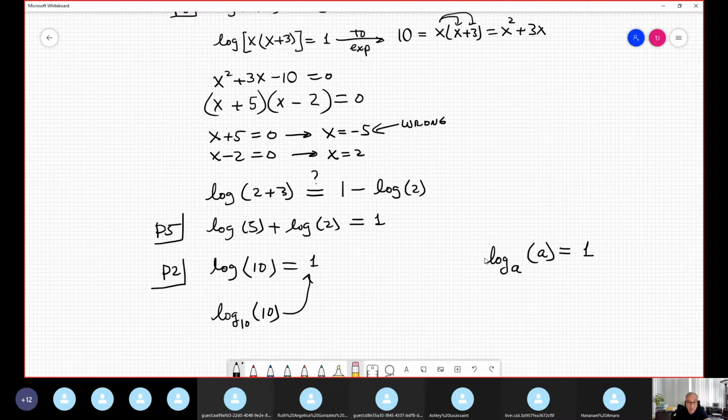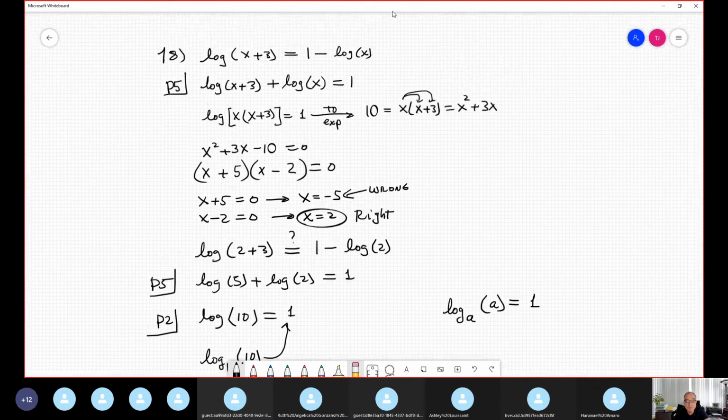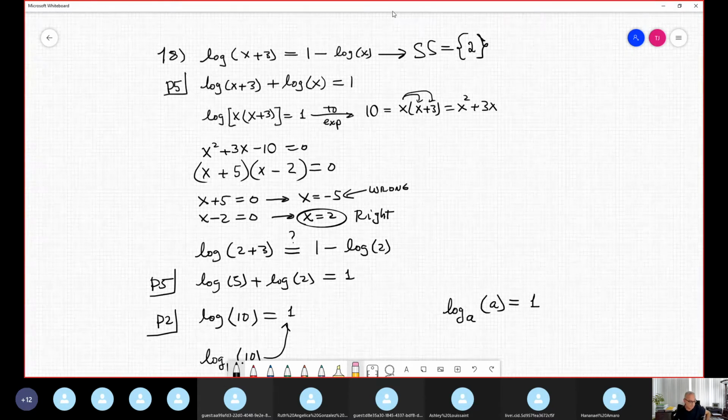Therefore, it's clear that the answer is 1. Therefore, x equal to 2 is the right answer. Now, the solution set for this equation is just 2. Any question, guys?